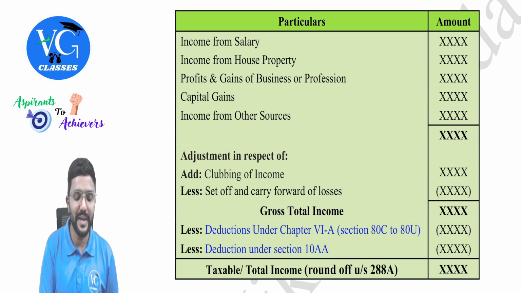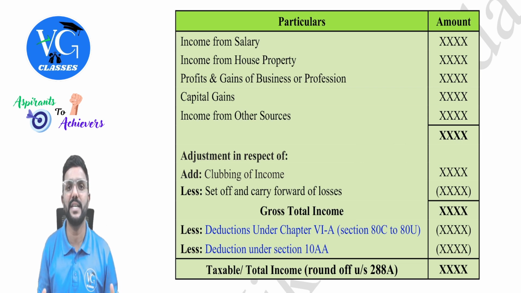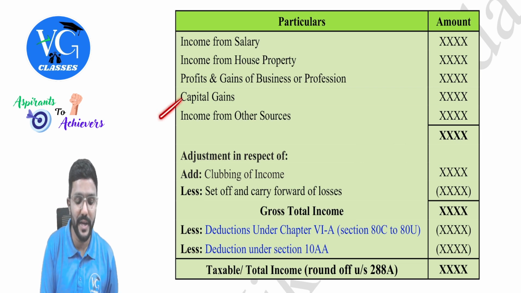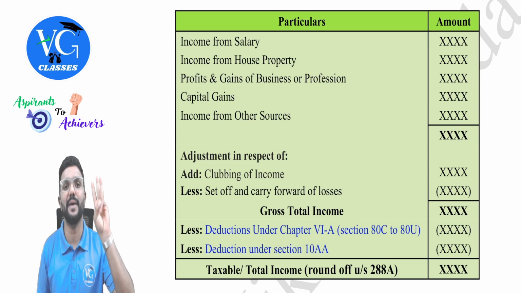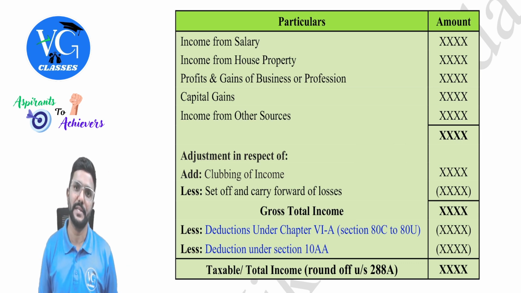And the second one under section 24 is the interest on housing loan. Okay. Same way, while computing the income under the head PGBP, there is a list of expenses which is allowed as deductions from section 30 to 37. And while computing the income under the head capital gains, we can claim again three deductions. What are those? The expenses on transfer, cost of acquisition, and cost of improvement, guys.